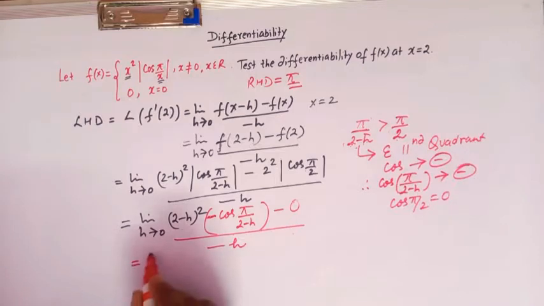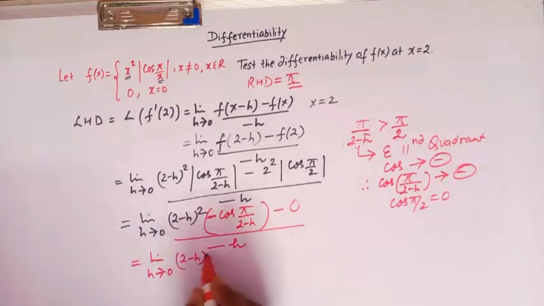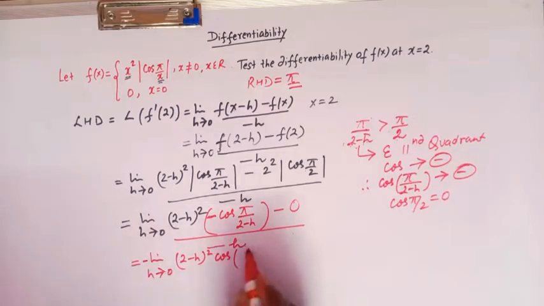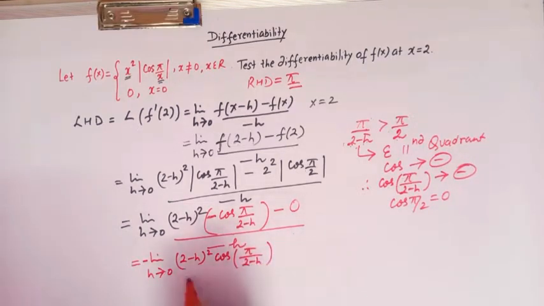Okay, so now we have limit h tends to 0, 2 minus h square, and here we can take this negative sign over here, and we have cos of pi over 2 minus h, and here we have minus h.